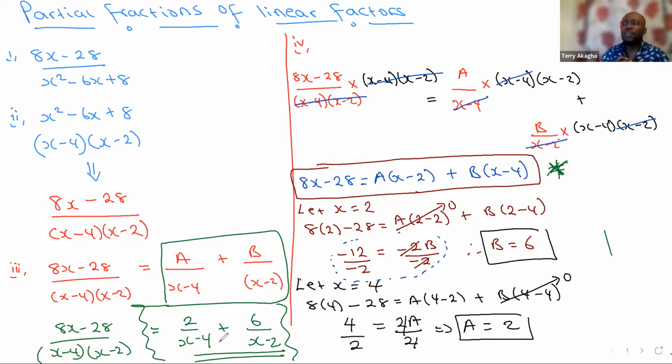But I think the best thing to do is, let me take a question on when the degree of the numerator is higher than that of the denominator. So remember in the 5 rules, I told you that if the degree of the numerator is higher, you have to first do long division. Then after long division, you start partial fractions, okay? So I think I'm going to do that first in the next video.